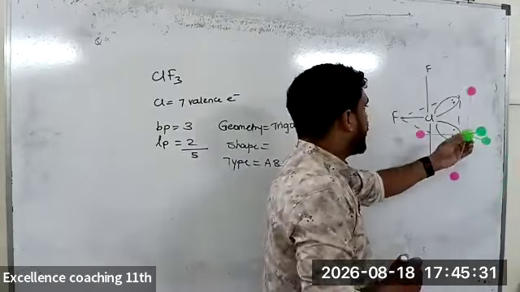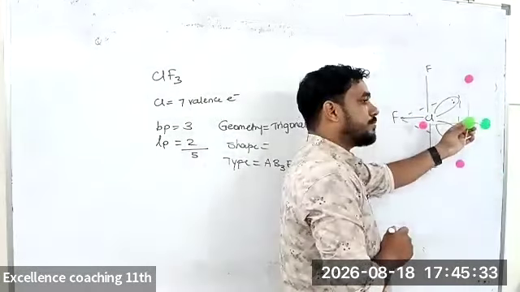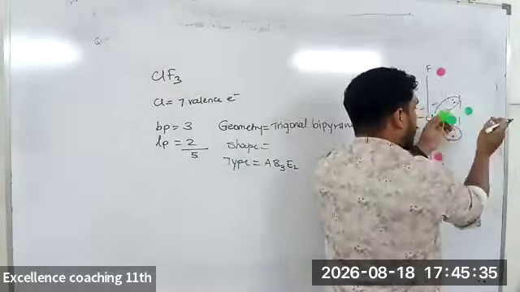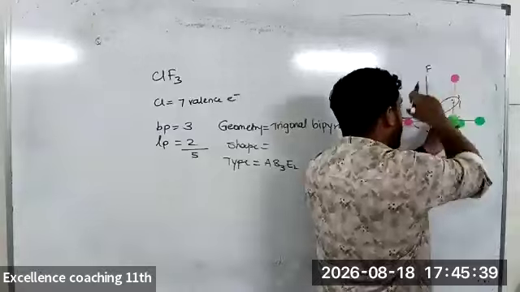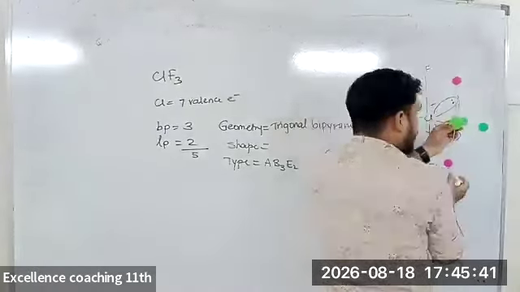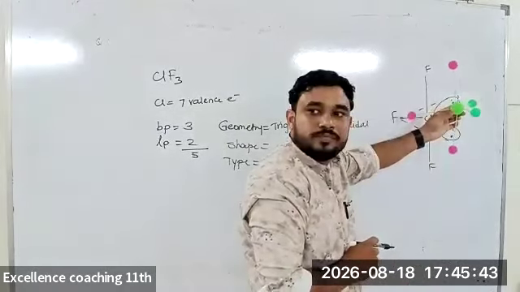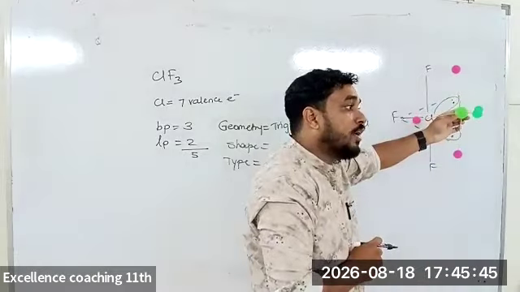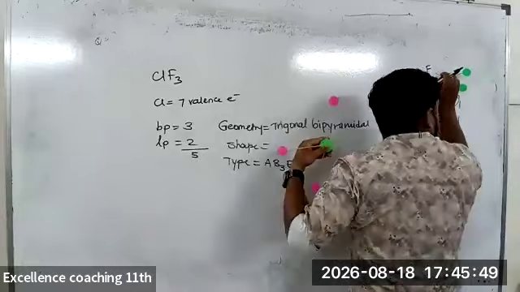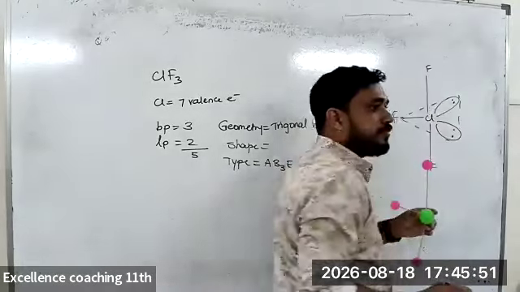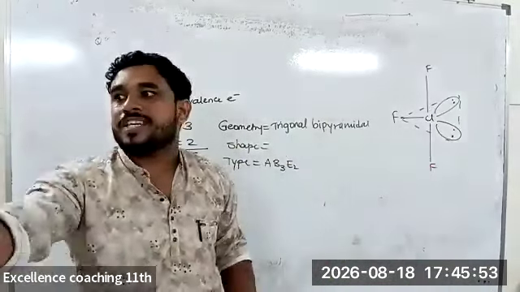Just write it down. It is like this. This lone pair is this one. This lone pair is this one. This is the third fluorine. This is the first fluorine. Second fluorine and third fluorine. Make it like this. Trigonal bipyramidal. And this is now what? T shape. Understood?